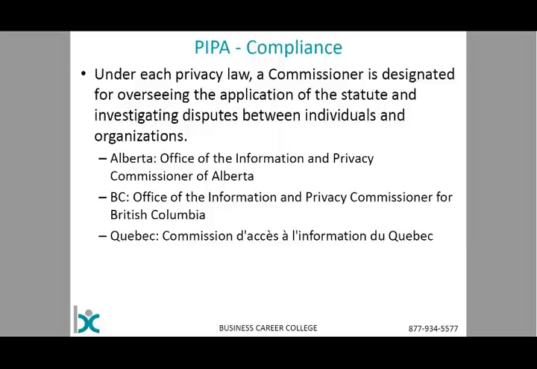Now, that organization that manages compliance is different in each province. So in Alberta, it's the Office of the Information and Privacy Commissioner of Alberta. In BC, it's the Office of the Information and Privacy Commissioner for British Columbia. And in Quebec, it's the Commission d'accès à l'information de Québec. So really, in all cases, it's just a variation on saying Privacy Commissioner. So it's the same title in each of the provinces.